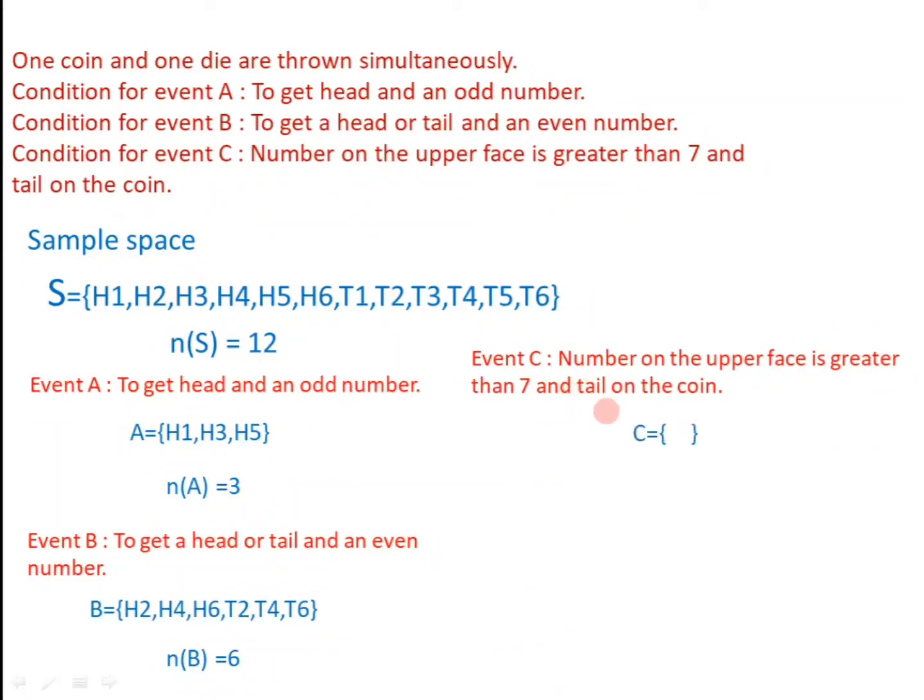That's why this set C does not have any element, as a die can have only 6 faces. That's why set C would be an empty set. Therefore, n of C is equal to 0. So there are no such elements which satisfy the given condition. That is, set C is an empty set.